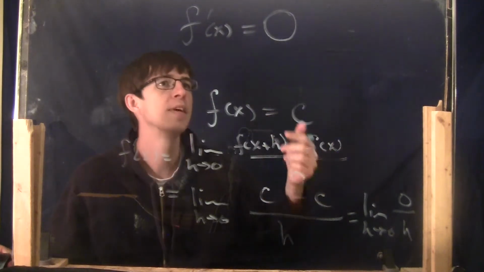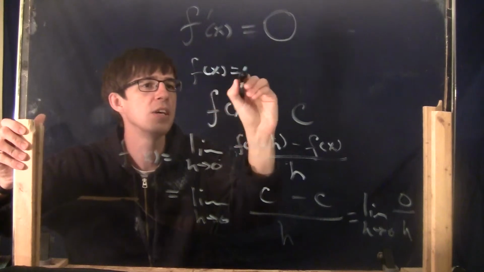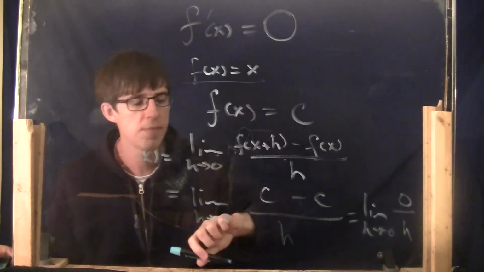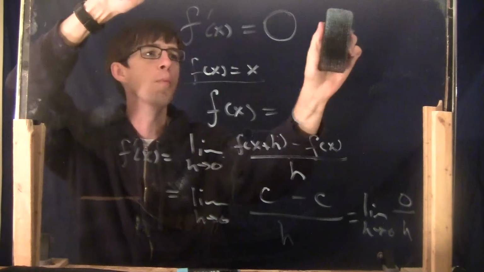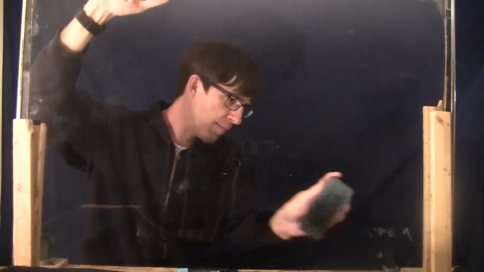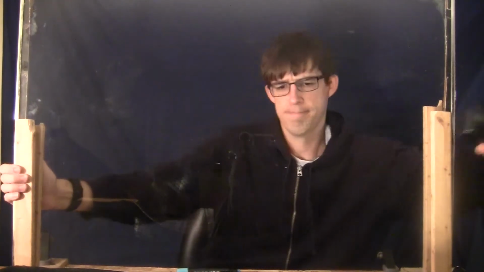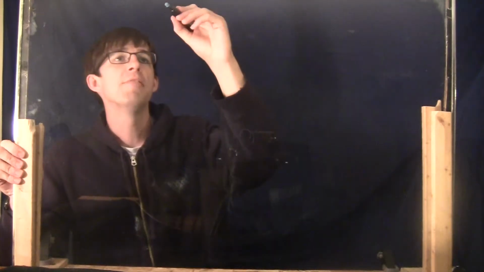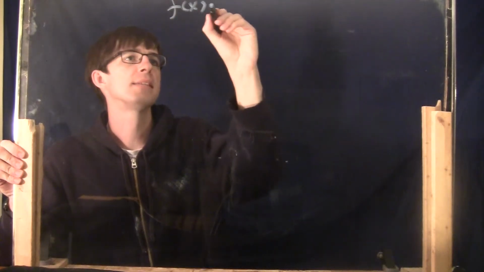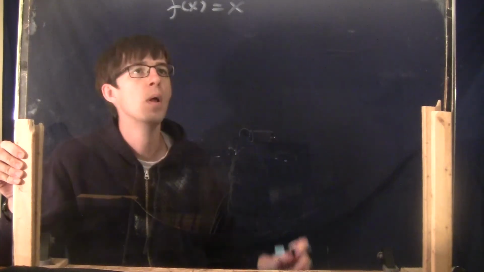Let's do one that's a little less simple. I'm talking about f of x equals x. Let's try the derivative of that. F of x equals x is the next simplest type of polynomial.